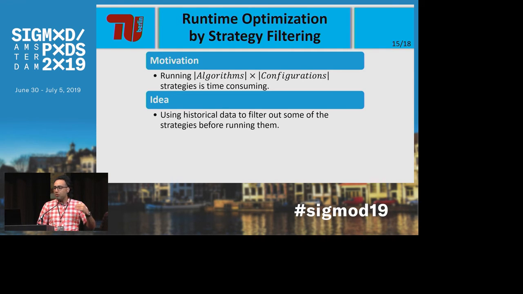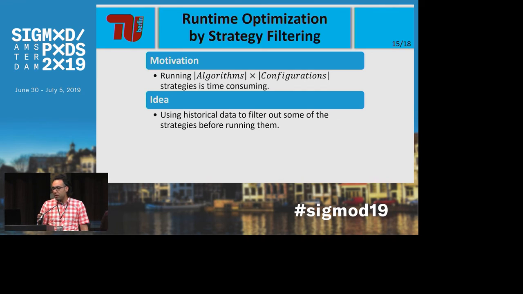As you remember, we run all the algorithms and all the configurations that we have, and this could be time consuming, because we may have thousands of features, thousands of algorithms and configurations. The goal of this step is to filter some of these algorithms and configurations that are not going to be promising for us.